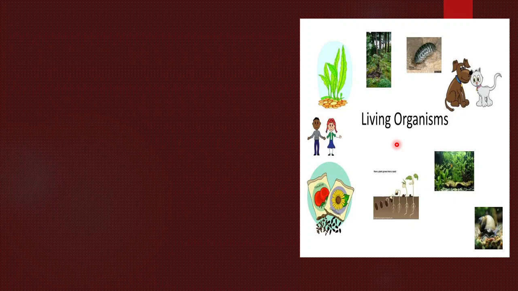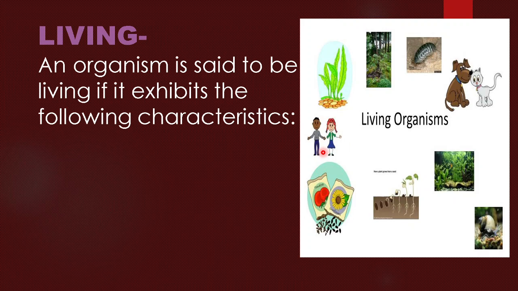Now, again, the same question arises. What defines these as living? What differentiates it from a non-living? So here today we will learn about the characteristics. An organism is said to be living if it exhibits the following characteristics. What are they? Growth. If anything grows, we say it to be living.